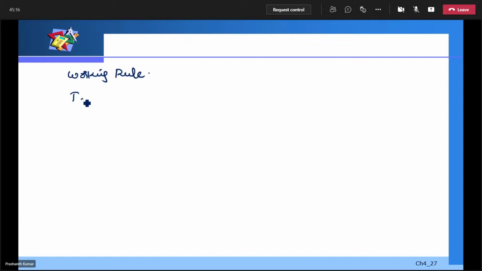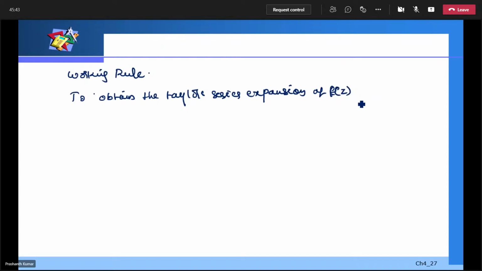To obtain the Taylor series expansion of f of z about z is equal to a, put z minus a is equal to w.